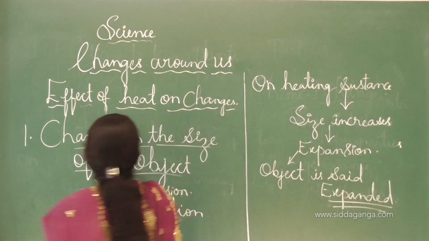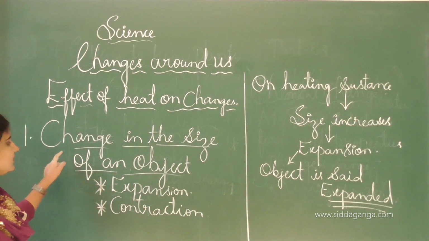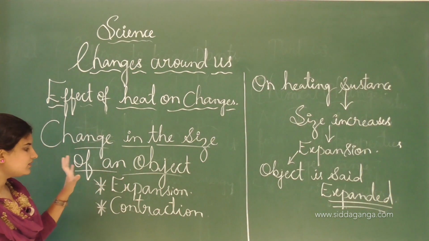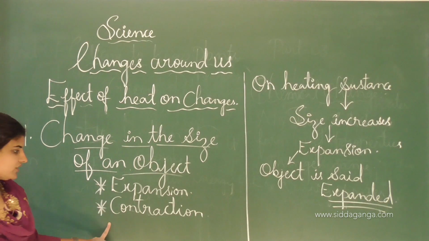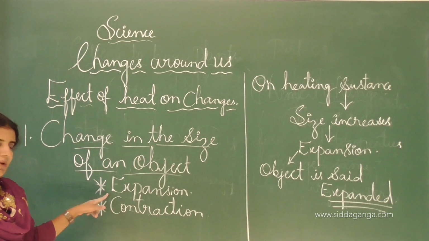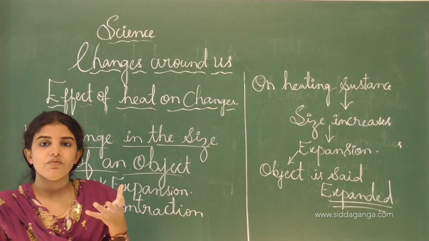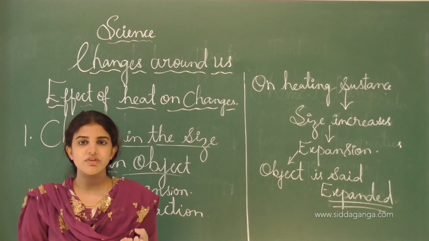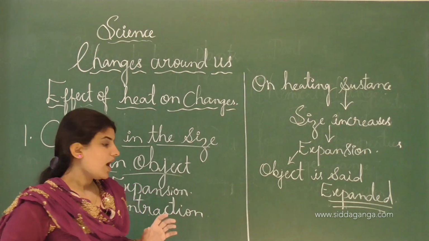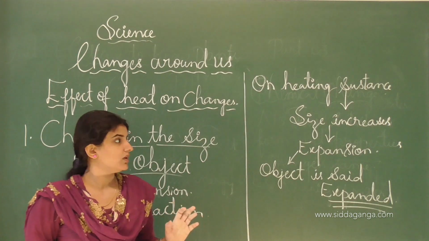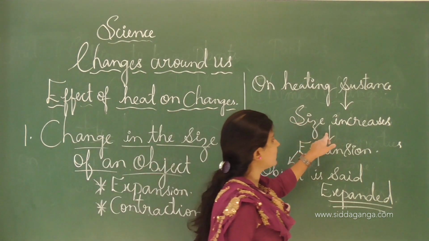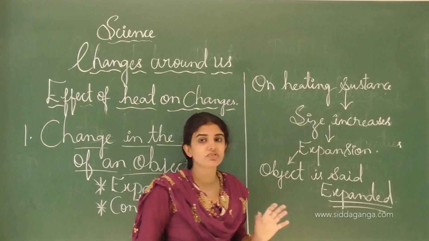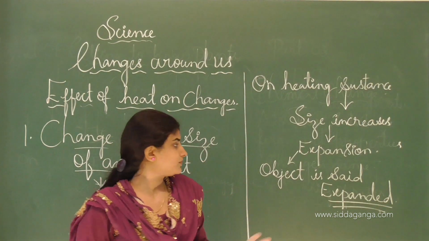See, in the first heading, change in the size of an object, expansion as well as contraction come in. Expansion is when, on heating a particular substance, the size increases.